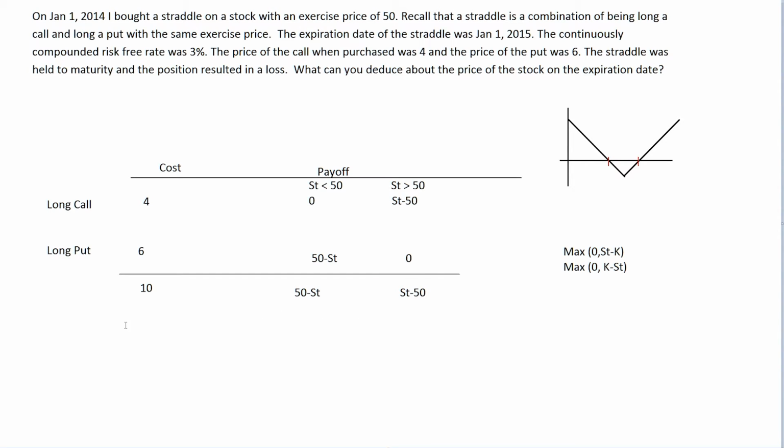Okay, so we just got to figure out the future value of this 10 cost when it's continuously compounded for a year. So it's going to be 10e to the power of rT. T is just 1, so that makes it really easy. It's just 0.03, which gives us 10.30. And we need to subtract that from our payoffs to get our profit. So minus 10.3.